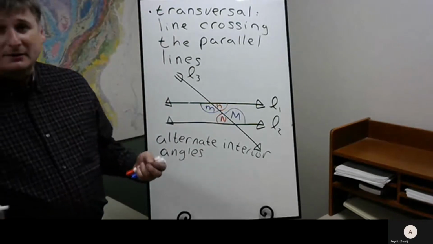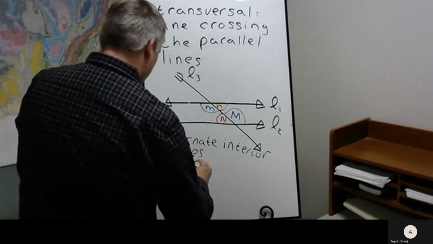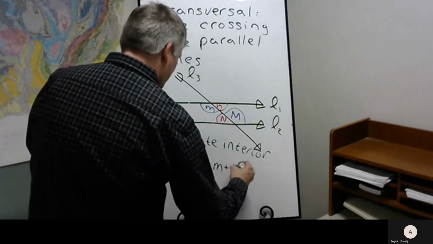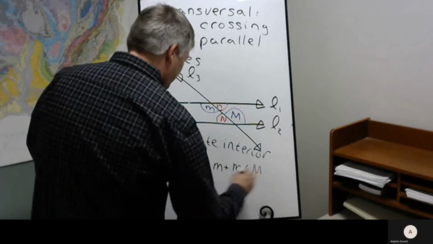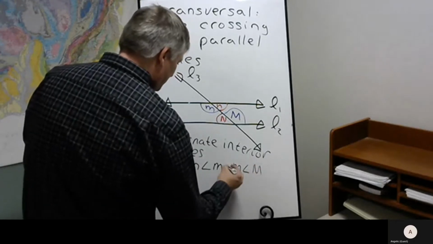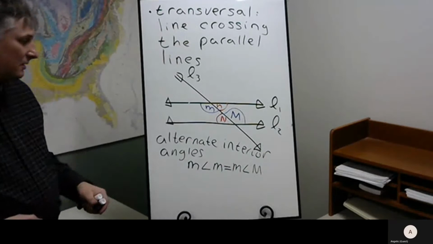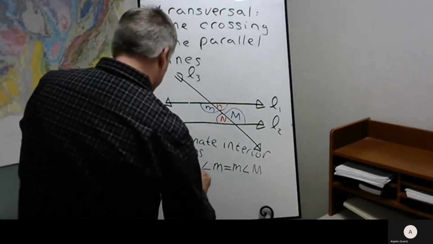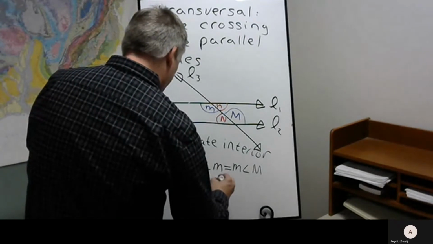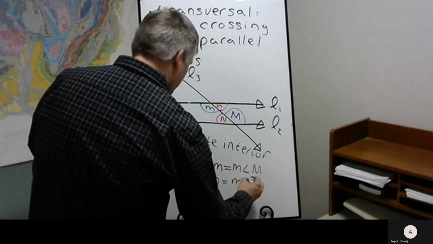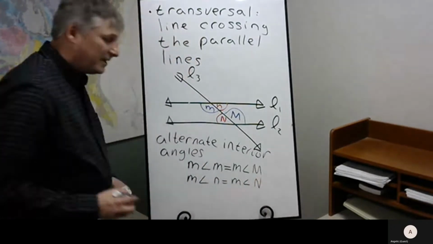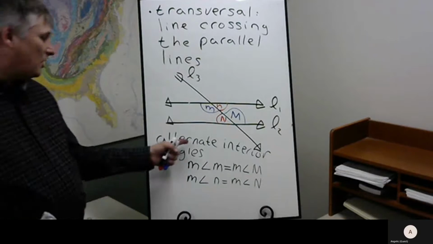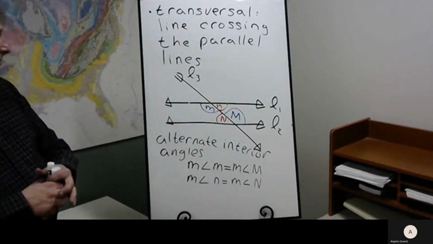And so what we're going to find is this. The measure of angle m and the measure of angle capital M, those two angle measures are going to be equal. Likewise, the measure of angle little m equals the measure of angle capital. So alternate interior angles have this property.